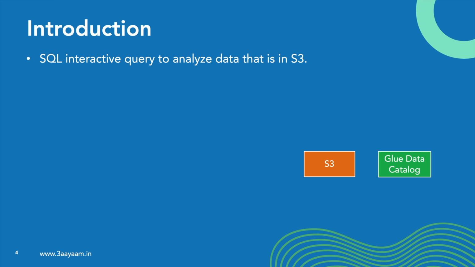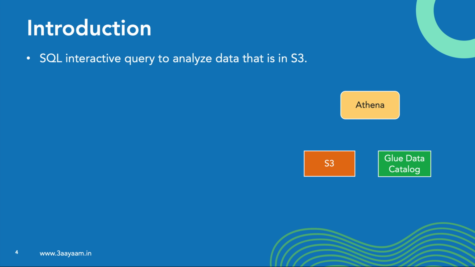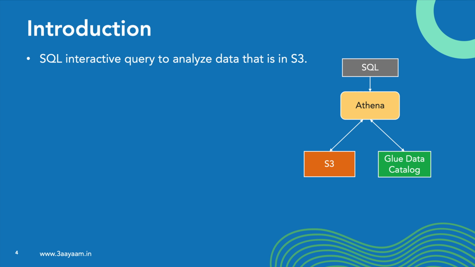Let's say we store data in S3, then the metadata of those files or objects should be stored in the Glue Data Catalog. And then we have the Athena service on top of it. Let's say you want to run an SQL statement. You send the SQL statement to Athena. It gets the metadata information from the Glue Data Catalog and then runs the query on top of S3.